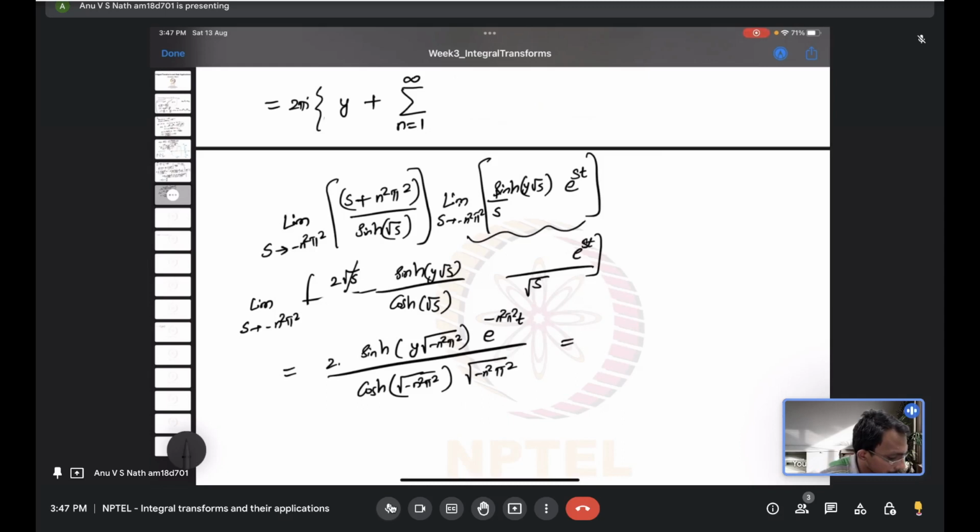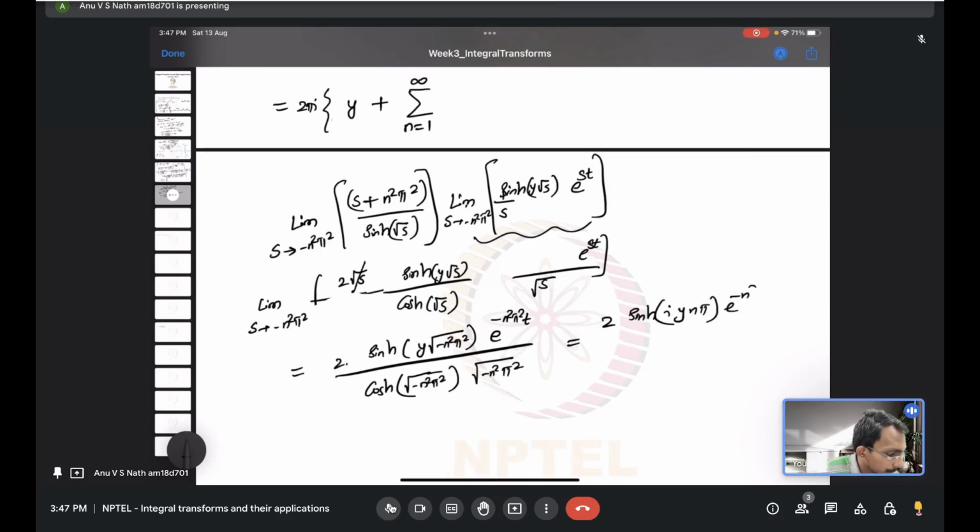So if you simplify that, it is 2 into sinh i y n pi. We take the square root of negative 1 as i, then e raised to minus n square pi square t divided by i n pi cosh i n pi.